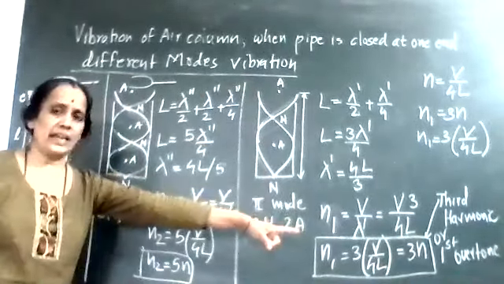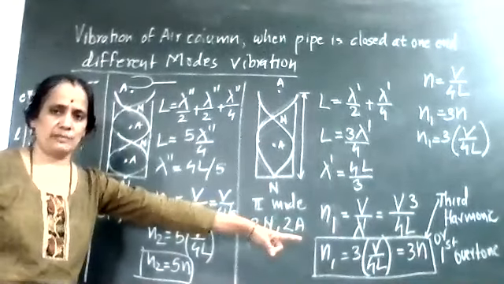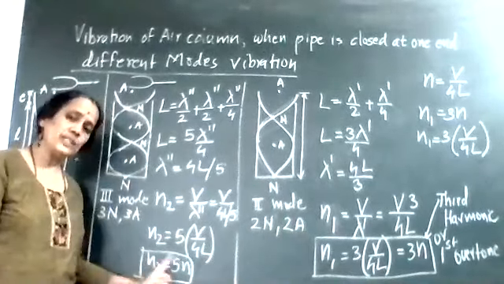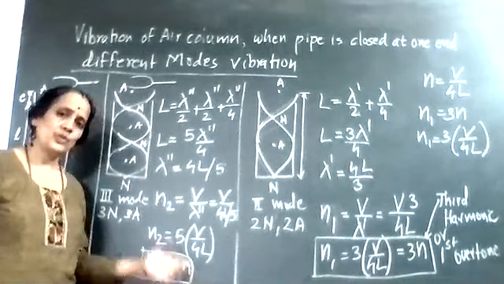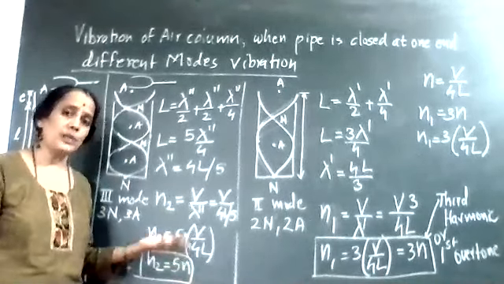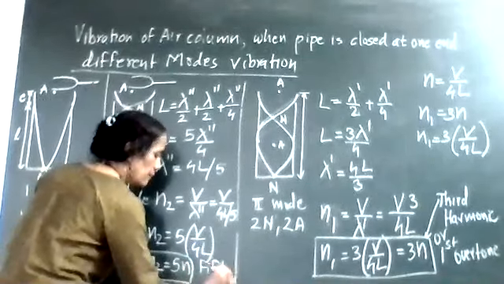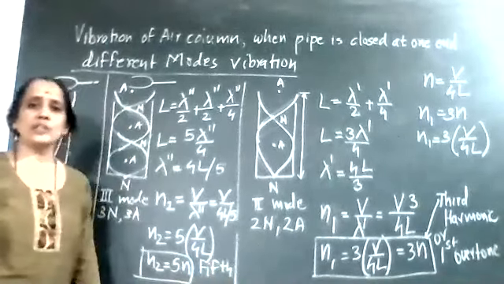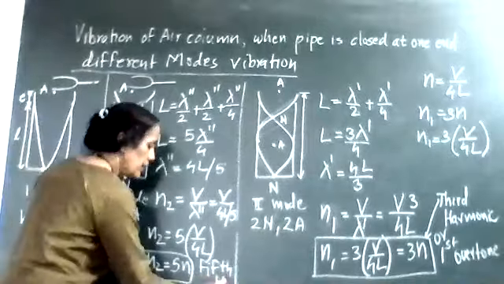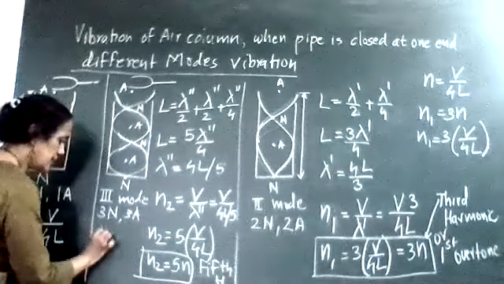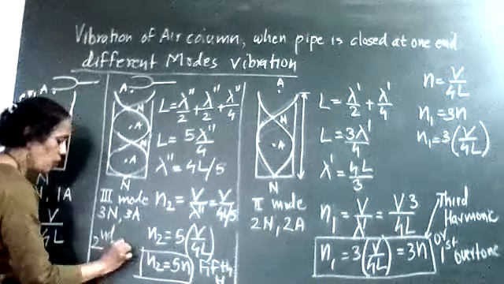When it is 3N, I say third harmonic. So when I am getting N2 equal to 5N, which harmonic is it? 5N, so it is the fifth harmonic frequency. This N2 is to be called the fifth harmonic frequency, or I can say it is the second overtone frequency.